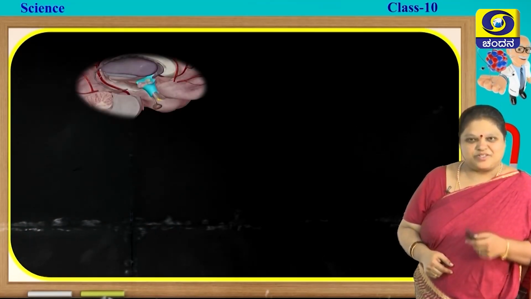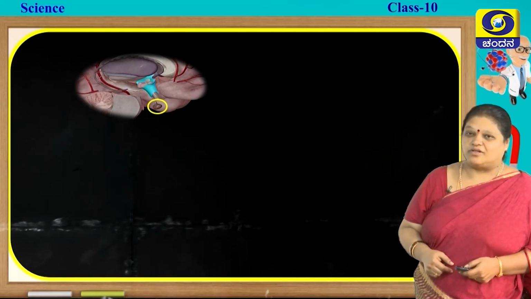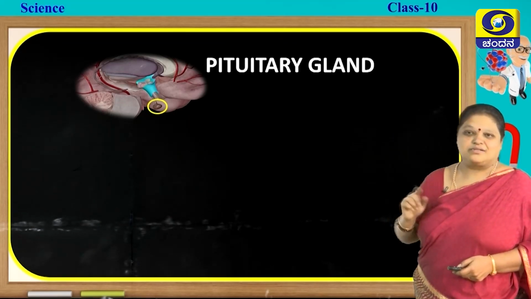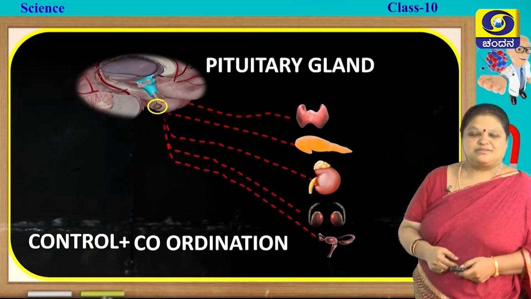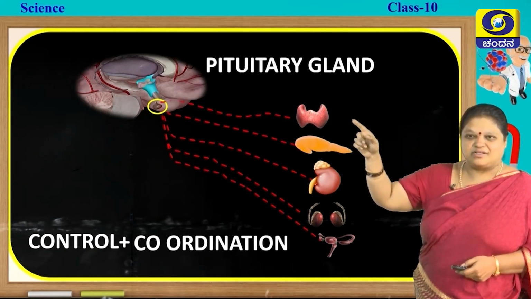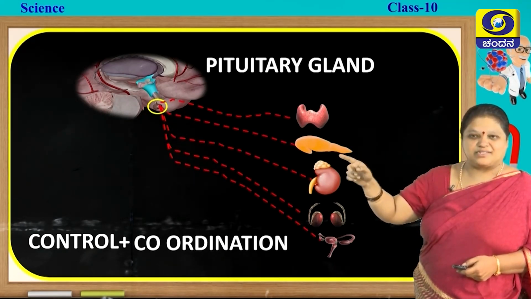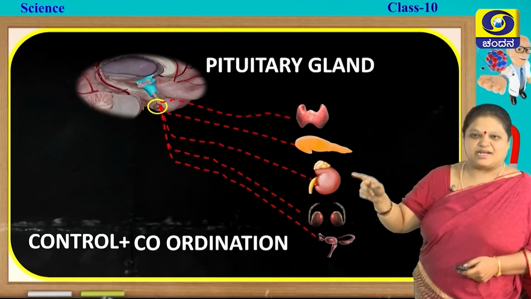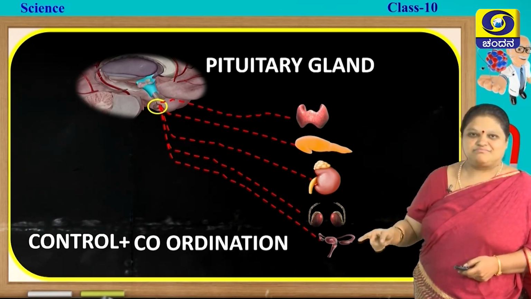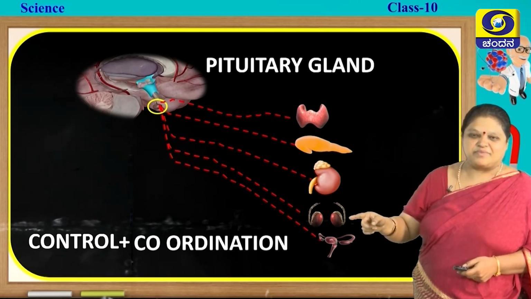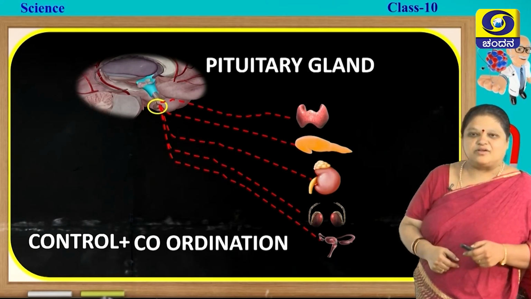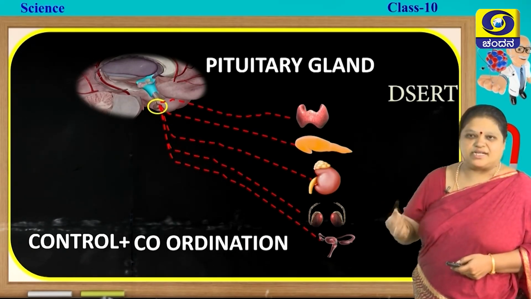This pituitary gland controls all the other endocrine glands. It controls the thyroid, the pancreas, the adrenal gland, and the gonads, that is the male testis and the female ovary. So, it controls all of these and coordinates with them.